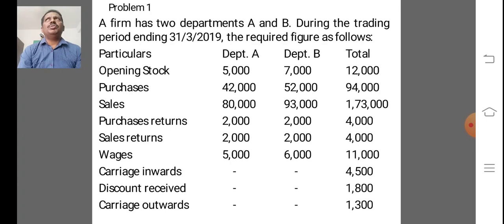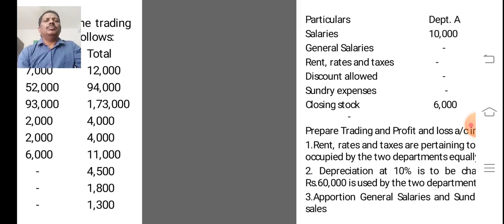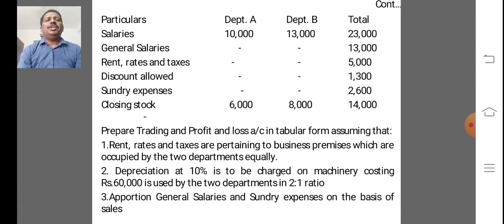Wages 5,000, 6,000, total 11,000. Carriage inwards 4,500, discount received 1,800, carriage outwards 1,300. Next, salaries: department A 10,000, department B 13,000, total 23,000.